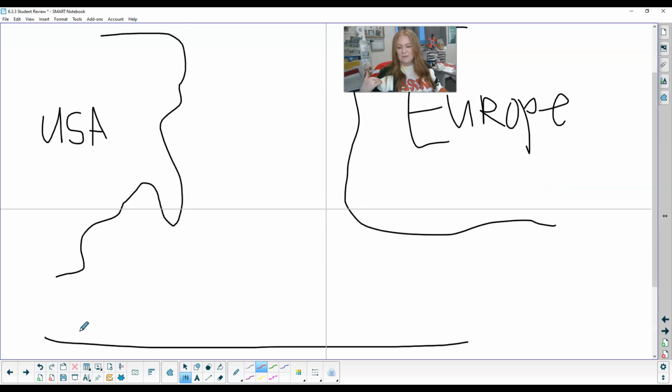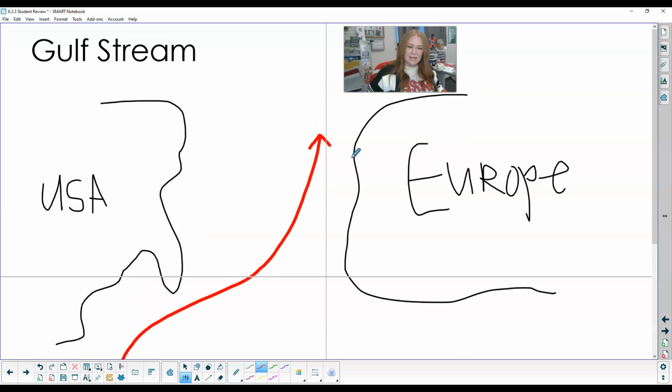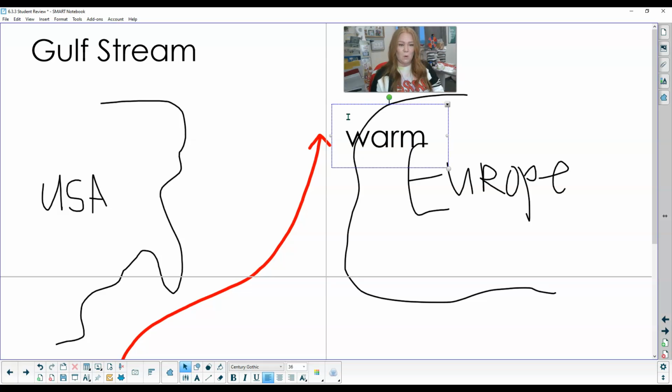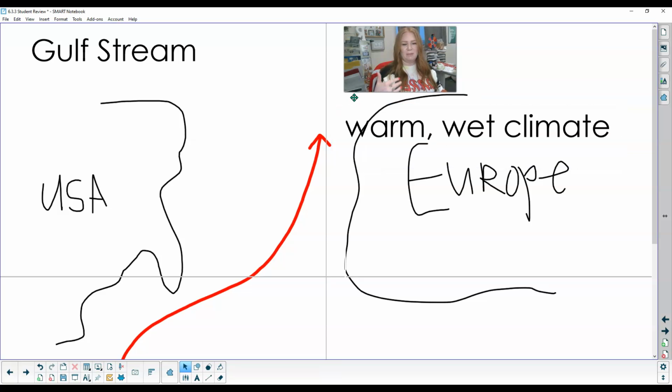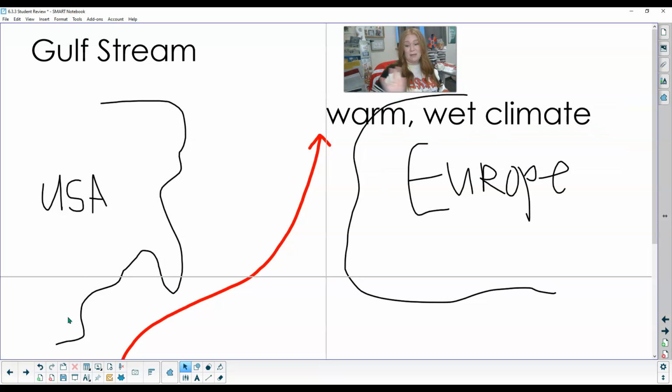So we've got this warm current that comes up, and normally this is pretty high up here, but because of this warm current, it causes this warm, moist, warm, wet climate in Europe because of that Gulf Stream that comes up through here. So even though these are higher latitudes, it has warm water coming up past it.